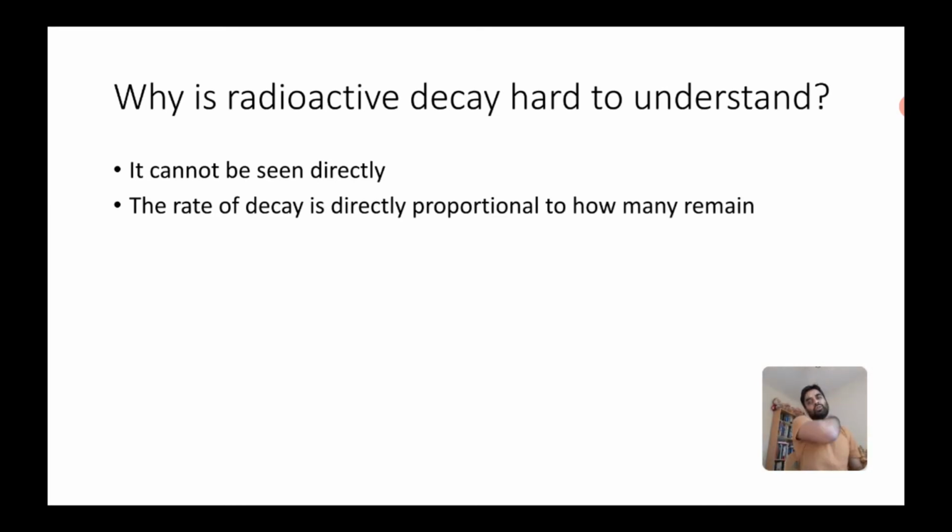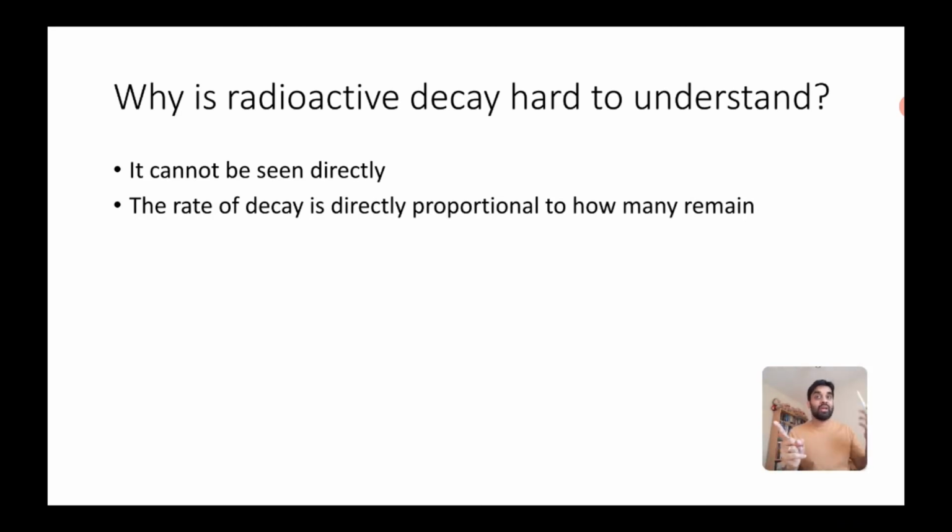The other thing that's difficult is that the rate of decay is directly proportional to how much remains. That sounds like a really strange statement. What that's getting at is the rate at which the particles are going to decay, so change from whatever they were before to what they become, is directly proportional to how many of those there are left.